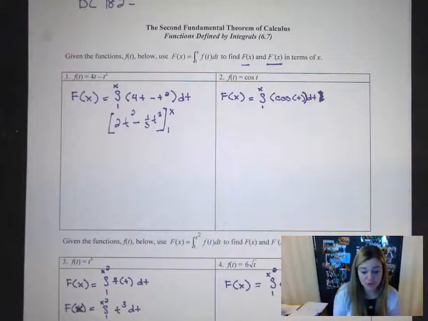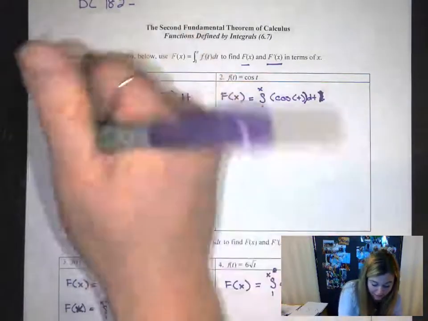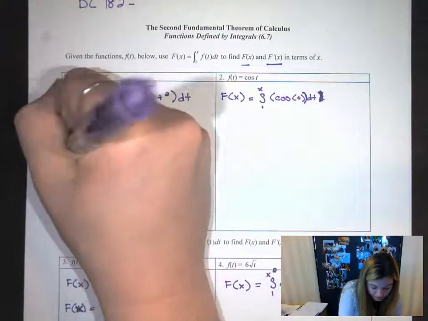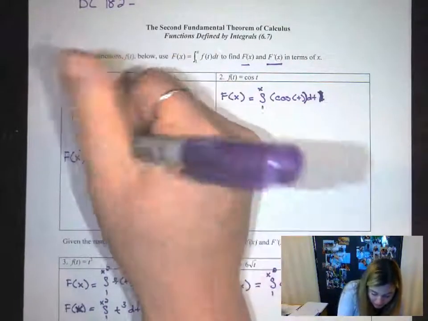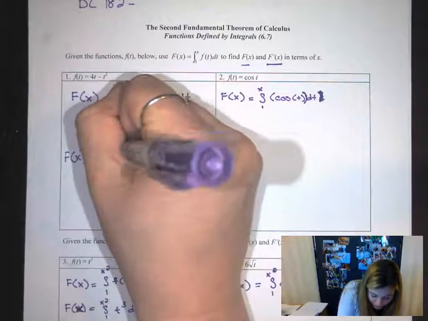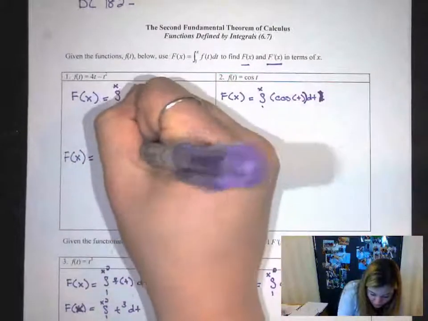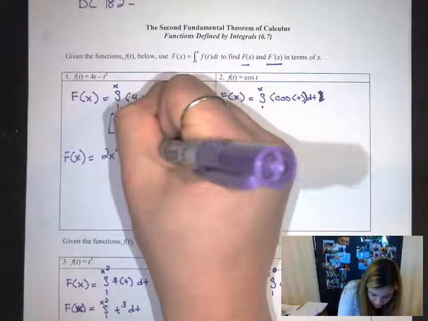And now I can substitute in. So I can say F of x would be equal to, whenever I do F of b minus F of a, which in this case would be 2x squared minus 1/3 x cubed.